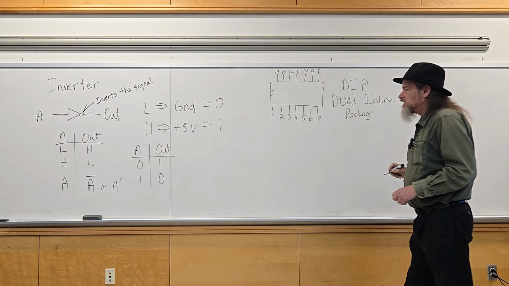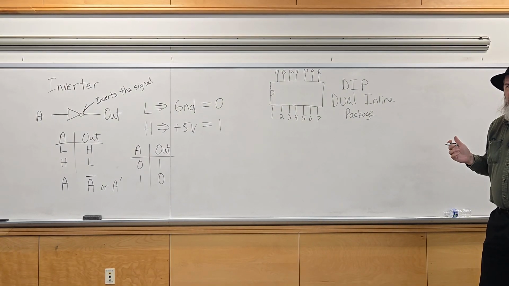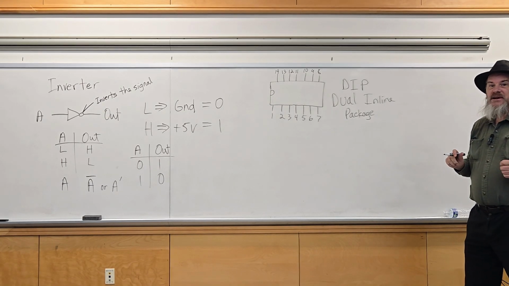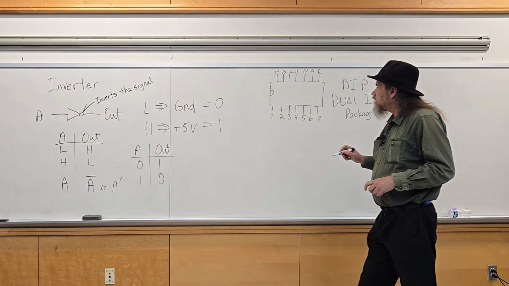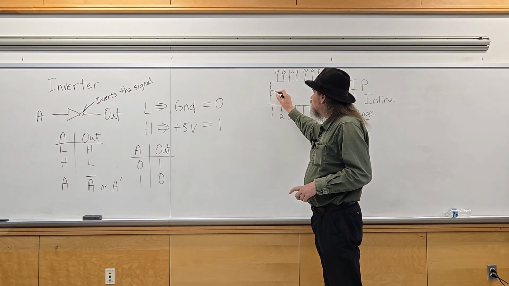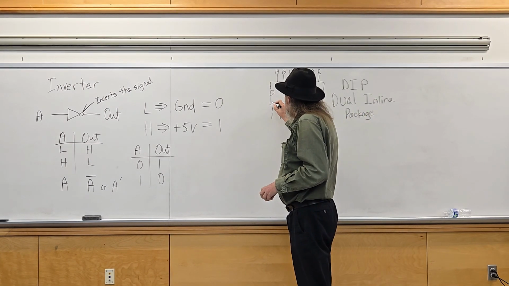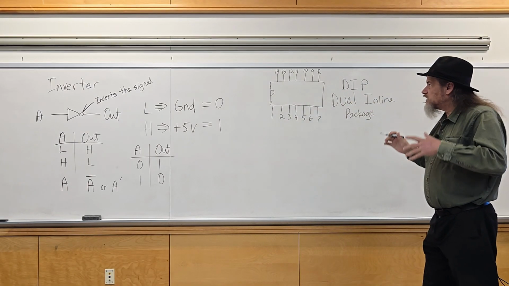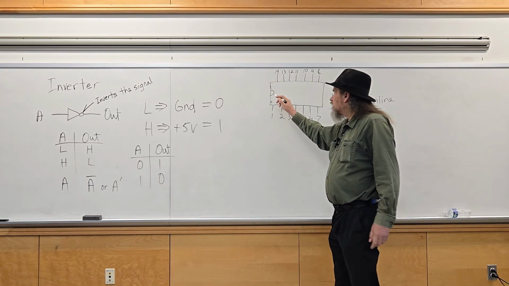You'll see sometimes it referred to as a PDIP, which means plastic dual inline package, or CDIP, ceramic. But I drew this little notch here because to know the orientation of the chip, you need to know where pin 1 is.